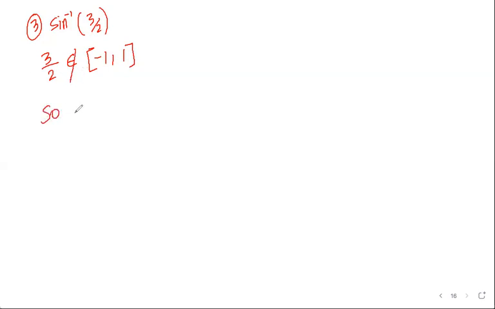So undefined, no values. We cannot find it. There is no inverse.